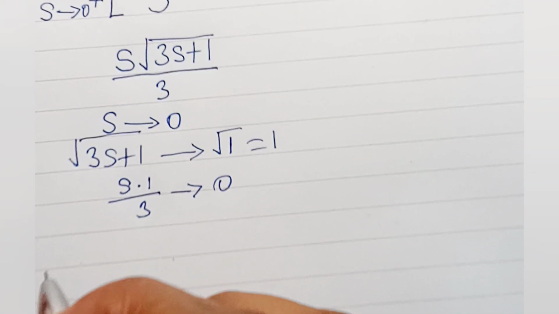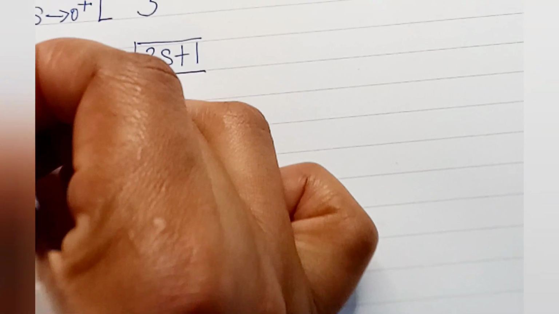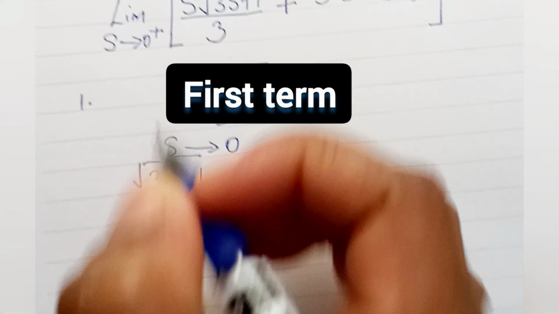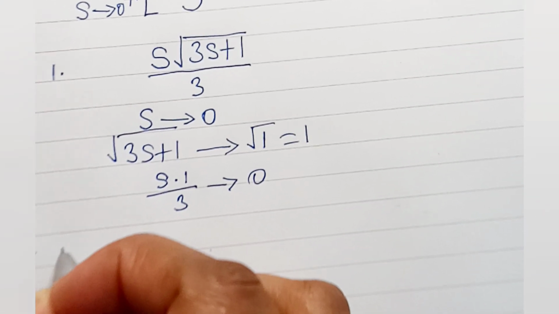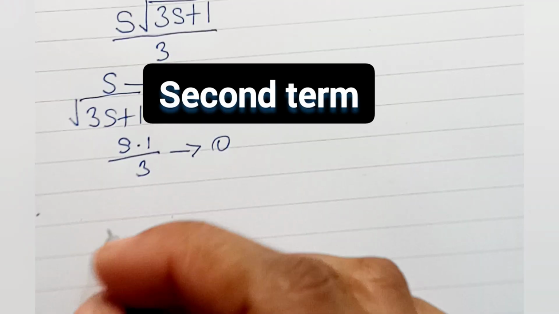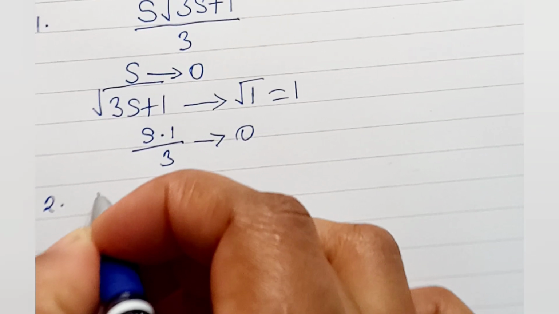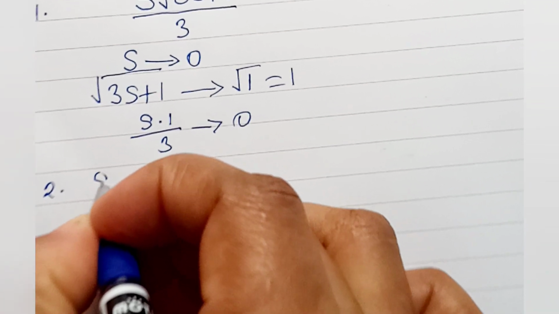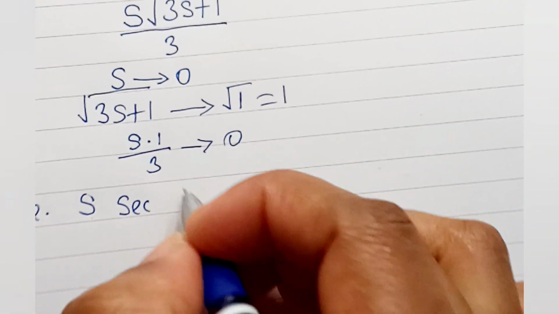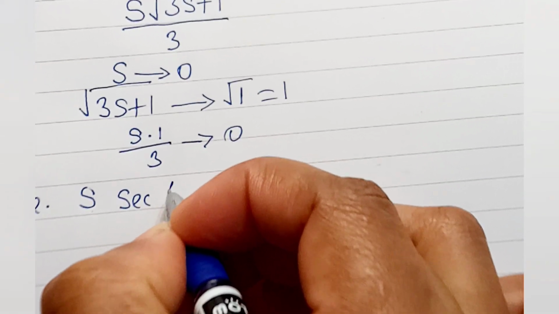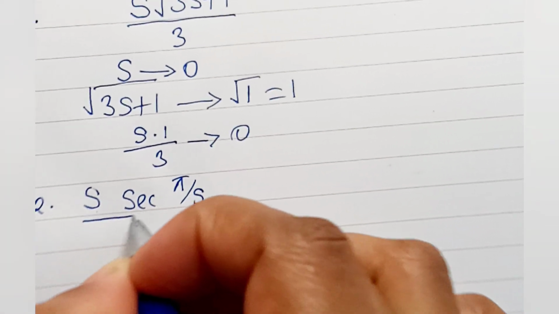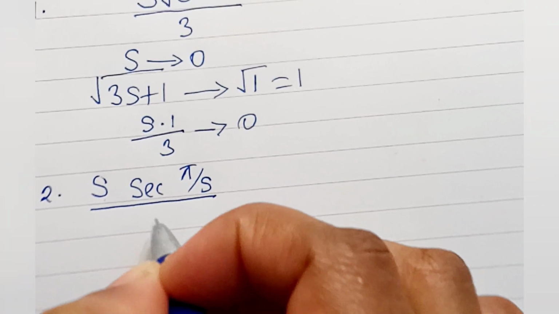For the second term, this is the first term, and this is the second term. For the second term, s multiplied by secant of pi over s, all divided by 3.